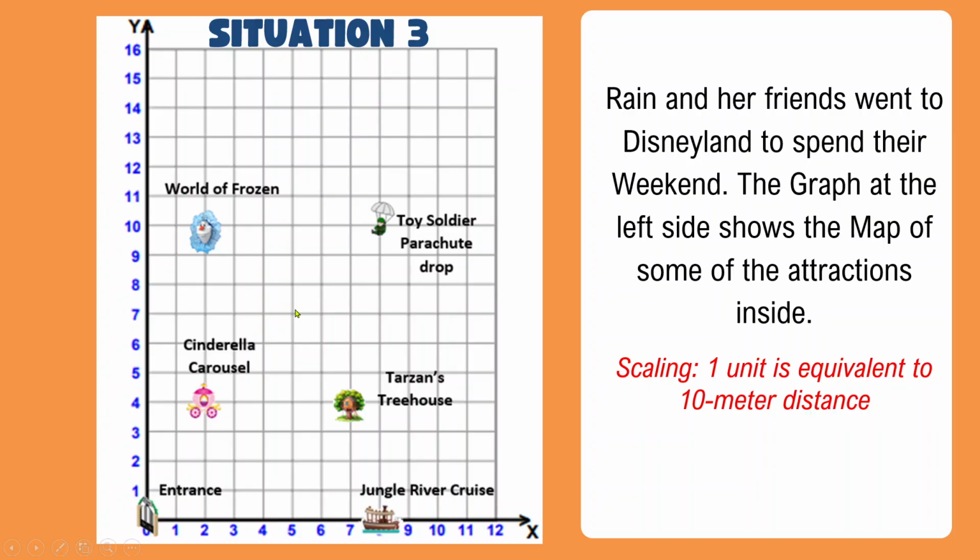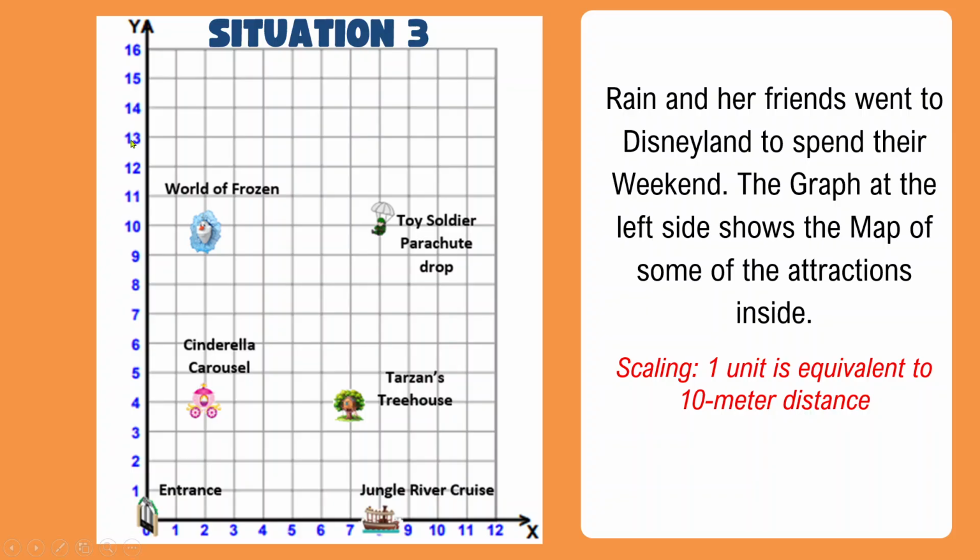So if you move from a specific point 1 unit to any direction, the distance you move is already 10 meters. So we need to multiply the unit by 10 to convert it to meters later on.